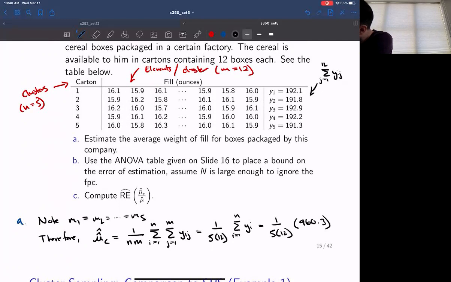That's the sum of these values here. And that gives us 16.005.